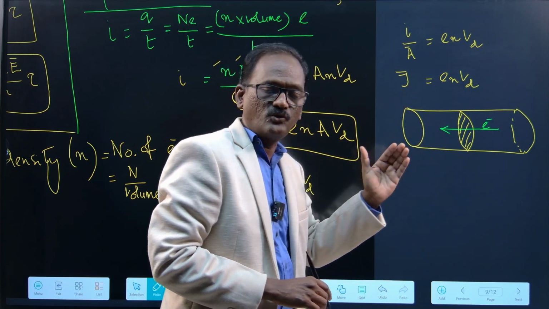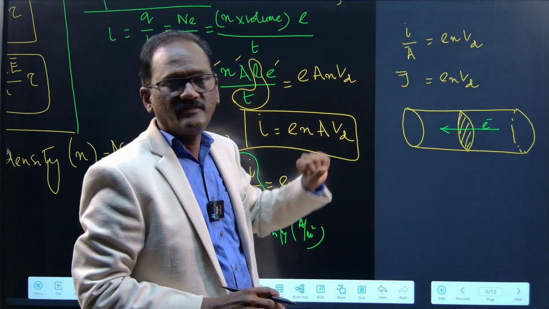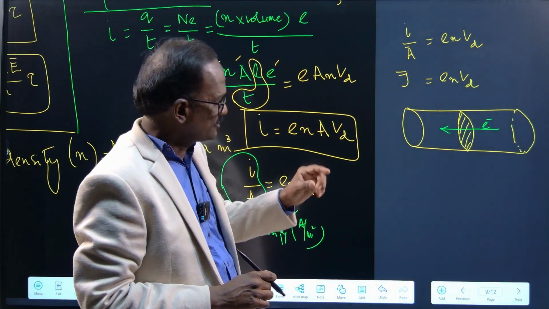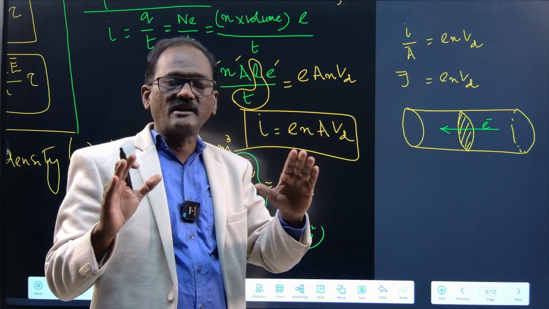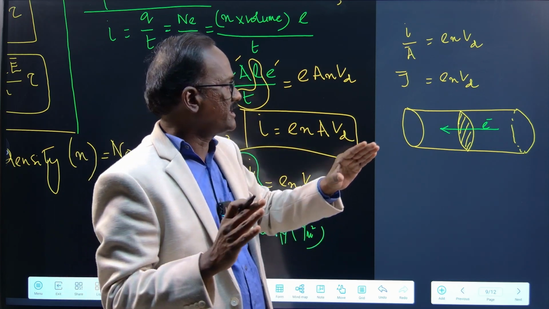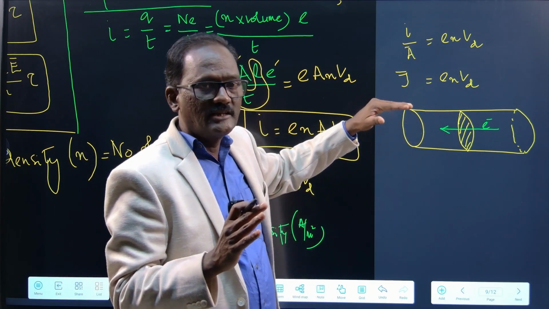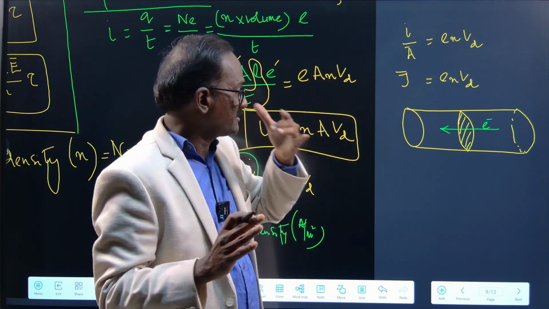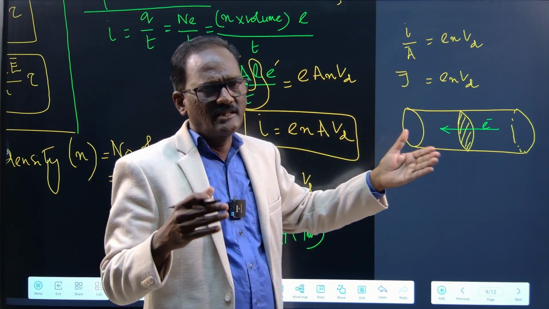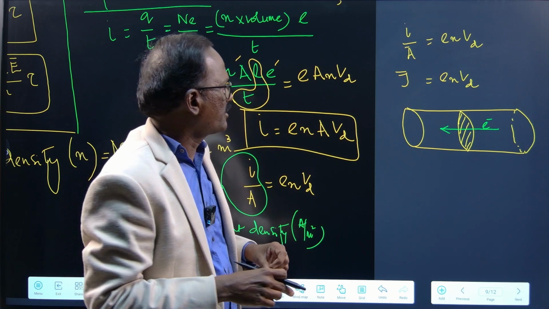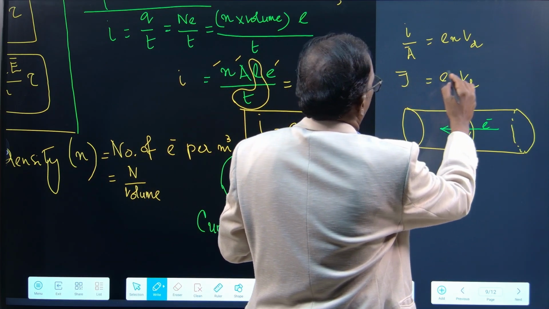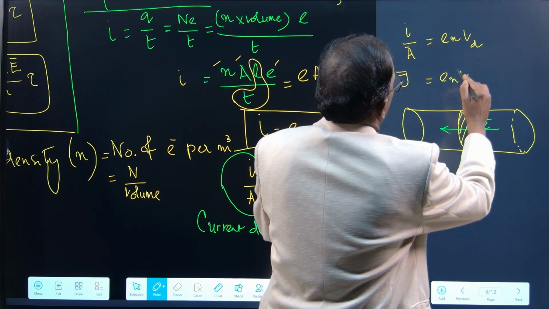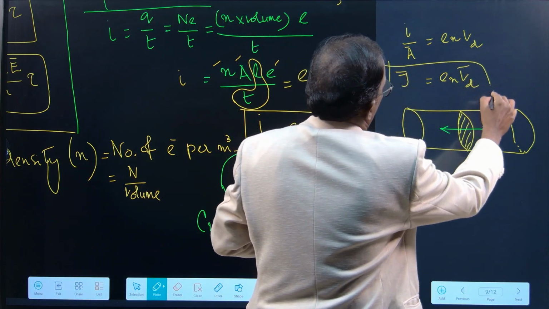If it changes, its value is also changed. Usually we are calculating only the average value of velocity. If any change is mathematically given, we can adjust using the formula. If you write J bar here, then you must also write Vd. So this is current density.